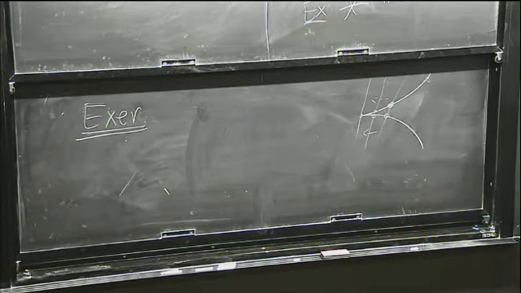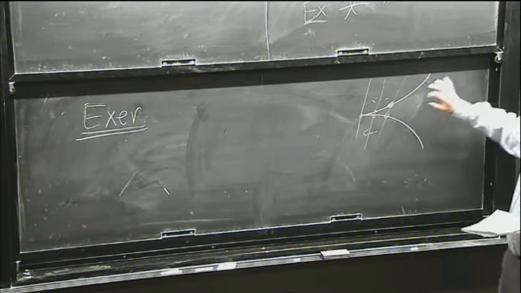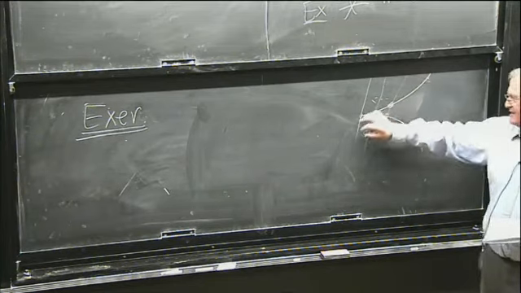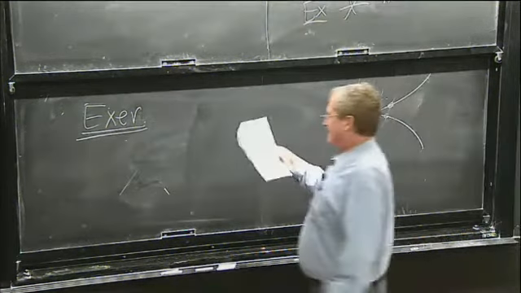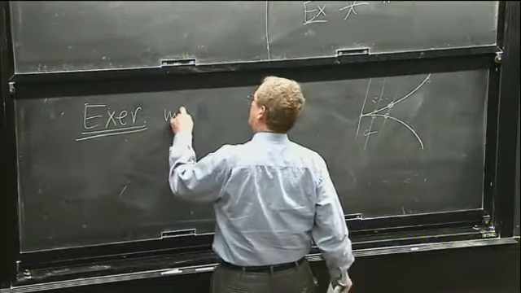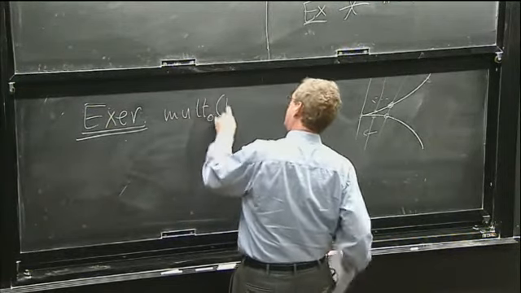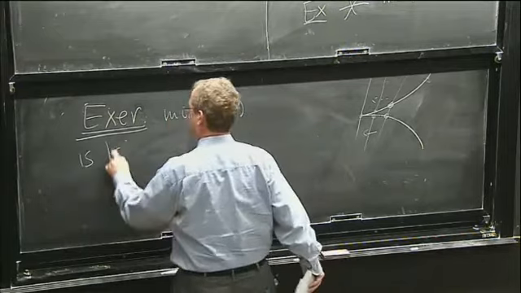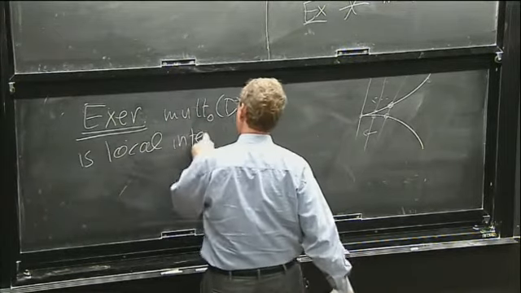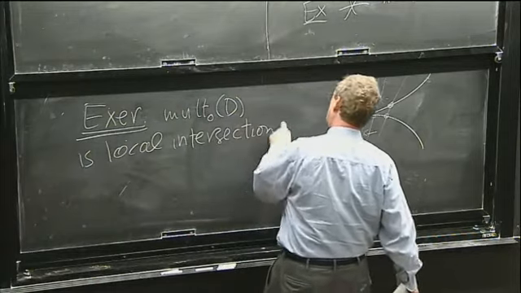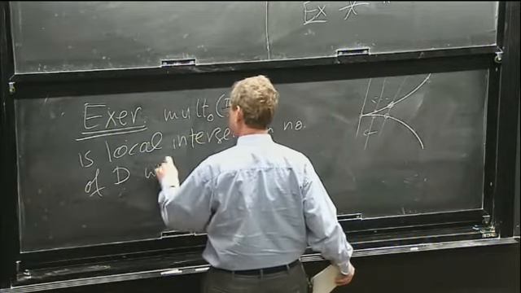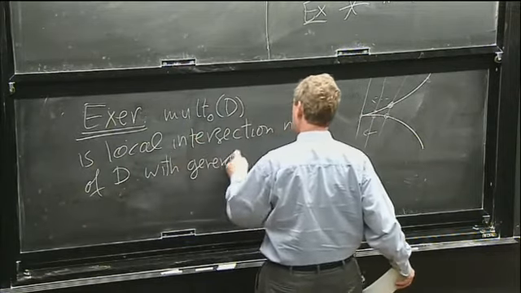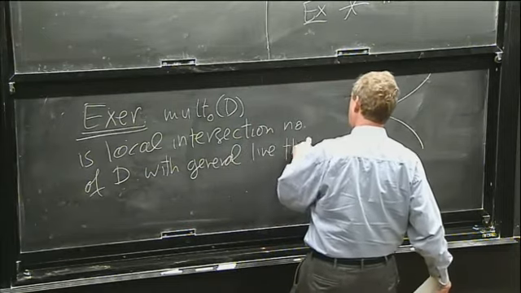Provided that the original hypersurface has no repeated factors, this is one way of saying what the multiplicity is: you take a general line near the singular point and move it into the singular point, and the multiplicity is how many intersection points coalesce at 0. More formally, the multiplicity at 0 of D or of f is the local intersection number at 0 of D with a general line through the singular point.